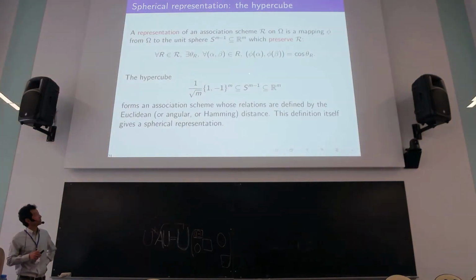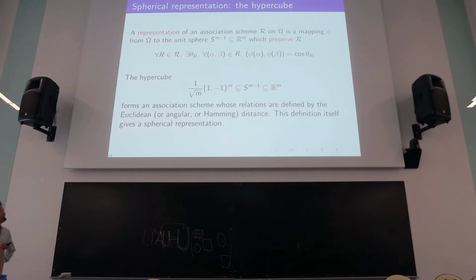The hypercube, in this notation, is the set of all sequences of length m whose entries are plus or minus 1, but I need to divide by the square root of m so that it becomes a unit vector. So this is just the canonical standard way of embedding the hypercube in the unit sphere.